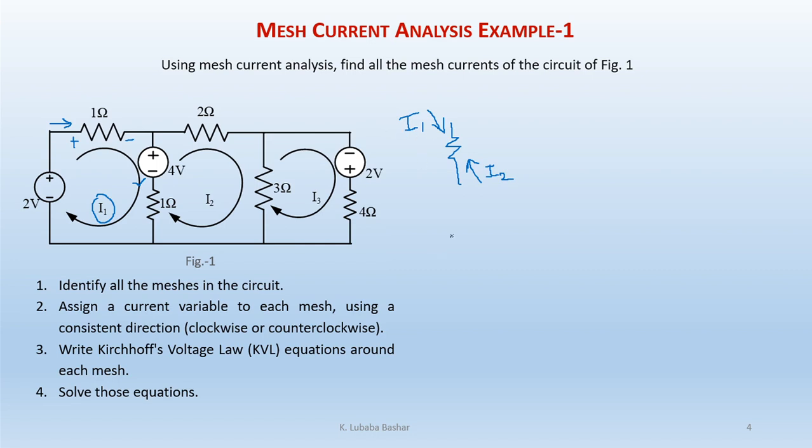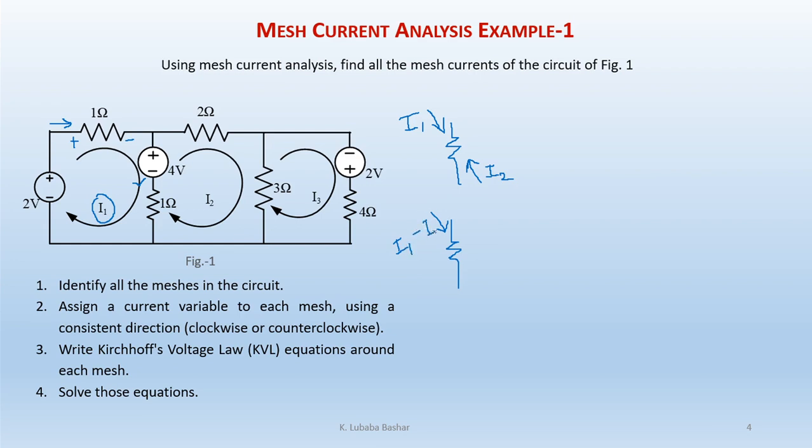Either it will be I1 minus I2 or I2 minus I1, depending upon the magnitude of these two currents. If I1 is greater than I2, then the current that flows through the resistor will follow the direction of I1, and its magnitude will be simply I1 minus I2.